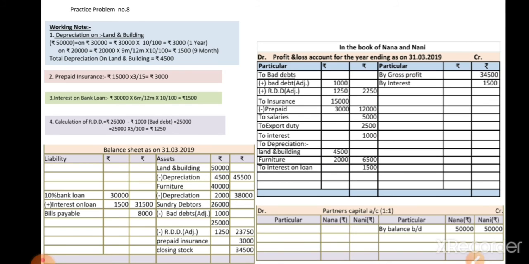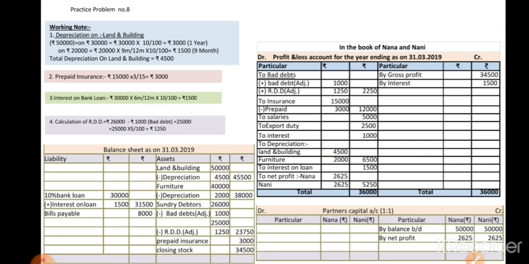First, we take the total of debit side and credit side. Here we find that the credit total is more than the debit total. So here we get the net profit, or the credit balance of the profit and loss account. We call it net profit. Total amount of net profit is 5,250.